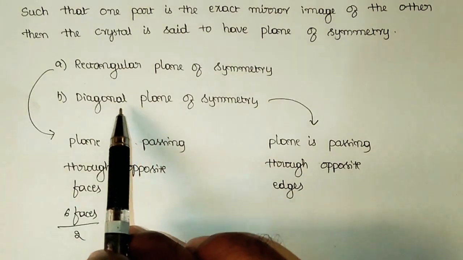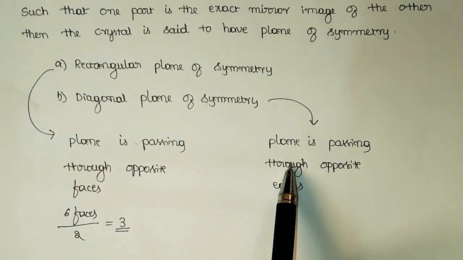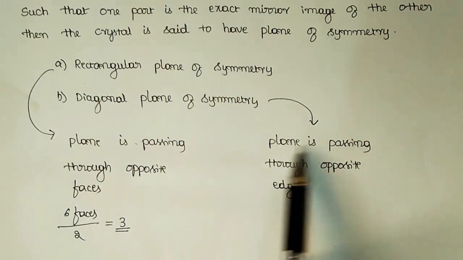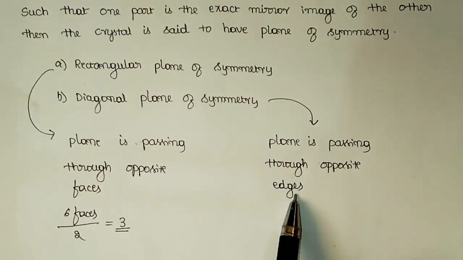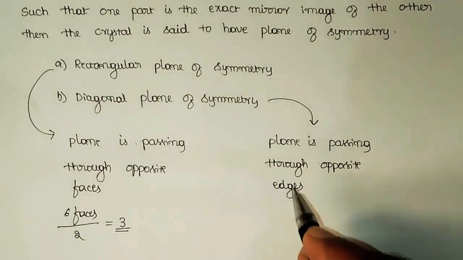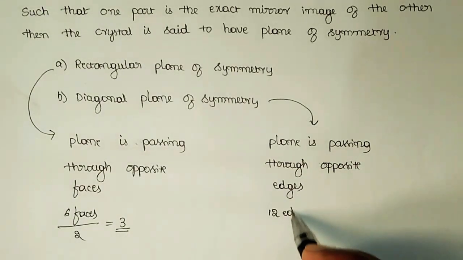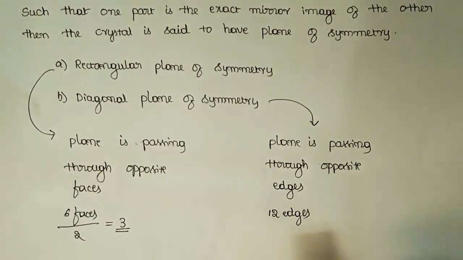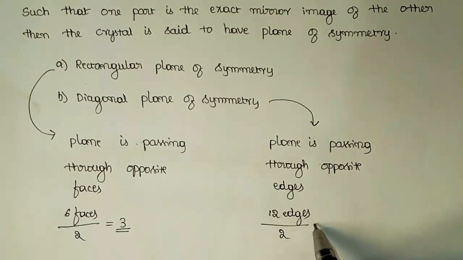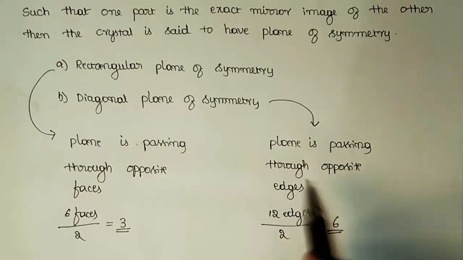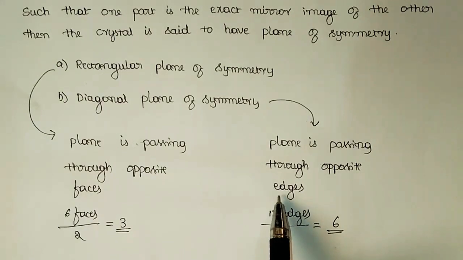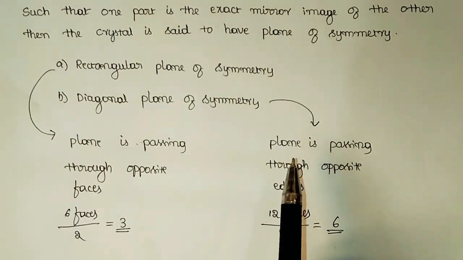And now if we come to diagonal plane of symmetry, as I said, the plane is passing through opposite edges. And we know that in cubic crystal there are a total of 12 edges, right? So 12 divided by 2, there will be 6 diagonal planes of symmetries possible in case of cubic crystal.